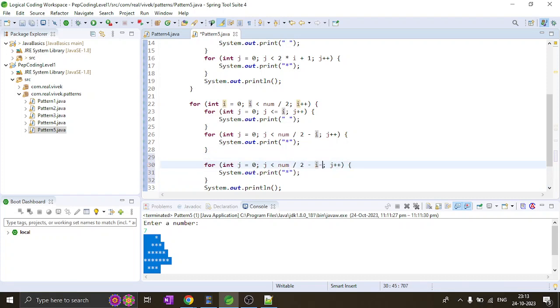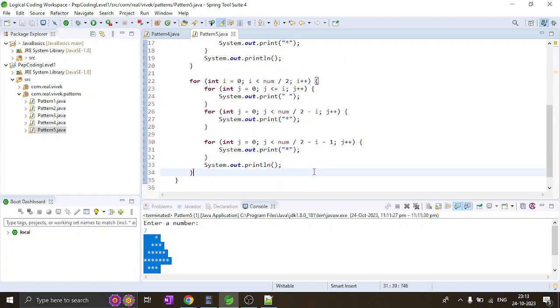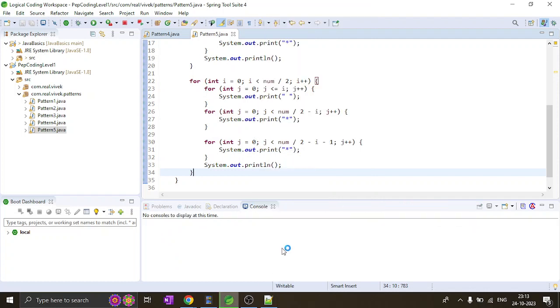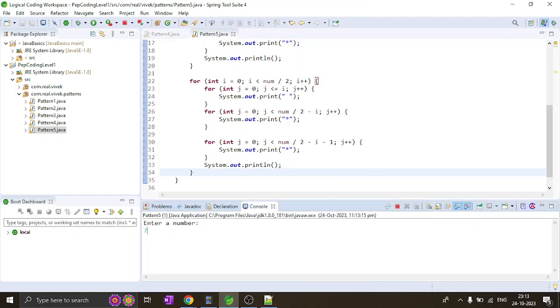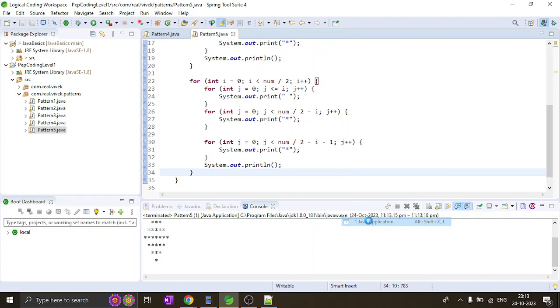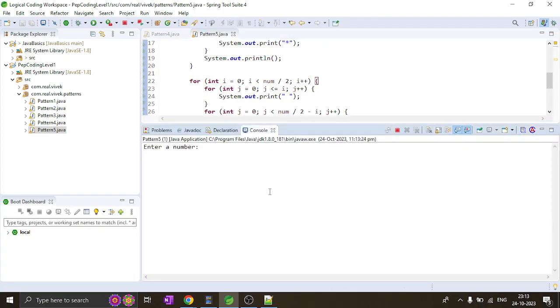Num by 2 minus I minus 1. Yep. Let's try to have it for a greater number, like 9. Yep.